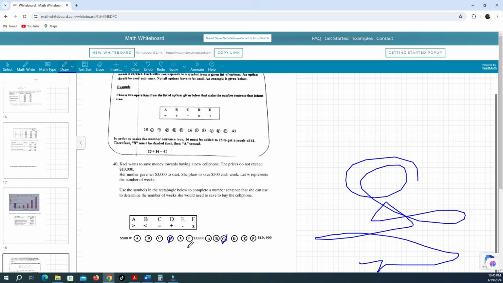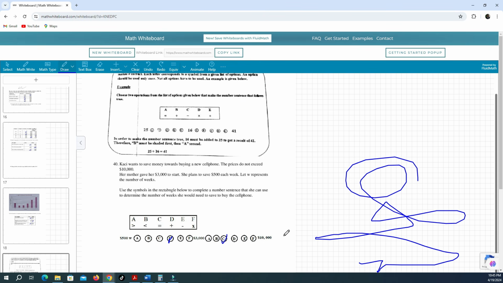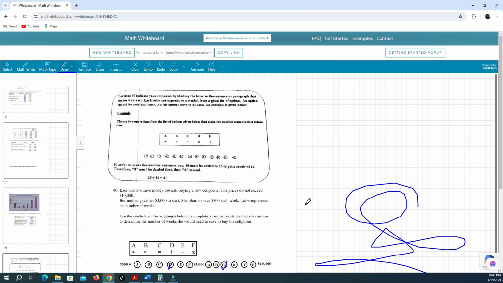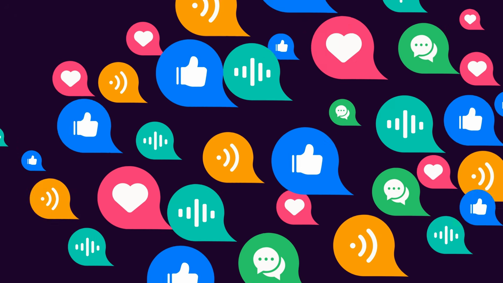So $500 a week plus the 3,000 equals $10,000. Yeah, and I think that's it. Wow, this wasn't bad after all. I think it was okay.